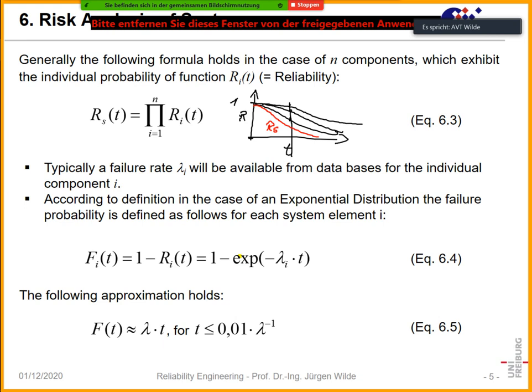Okay, in that way, of course, we can say that's just the reliability function.